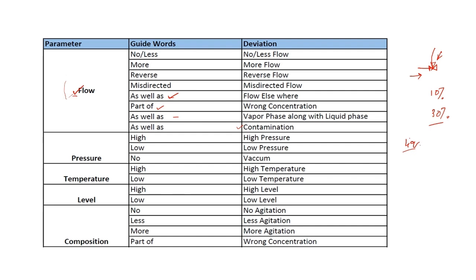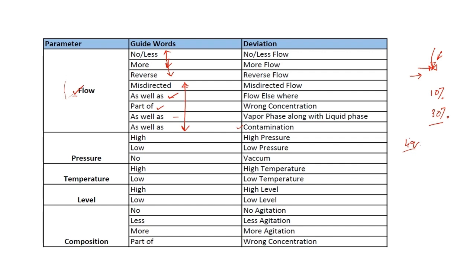So I would say that more commonly used guide words are these two, or the first three you can say, and these guide words are rarely used, but it is good to have these also in your mind so that you do not miss any process situation that may lead to hazard, right?